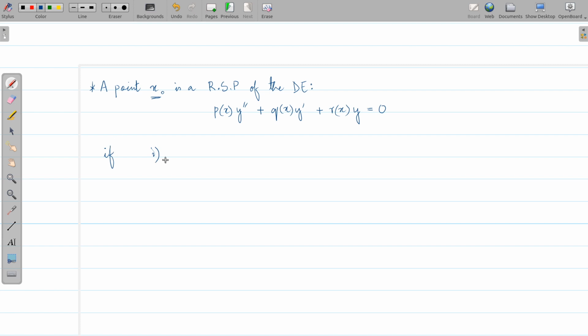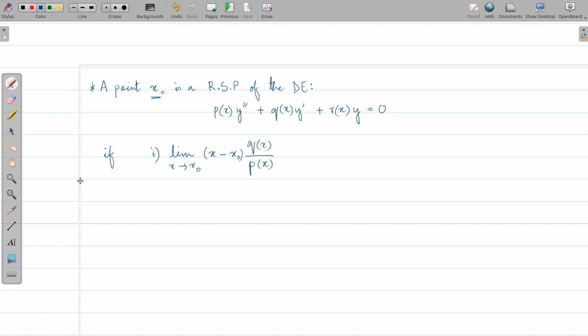Number one, the first condition: I take the ratio of q of x divided by p of x, and I multiply this ratio with x minus x naught, and I take the limit of this as x tends to x naught.